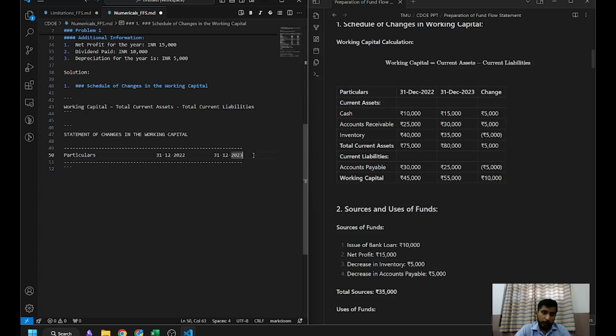Then we make another head which is the changes.